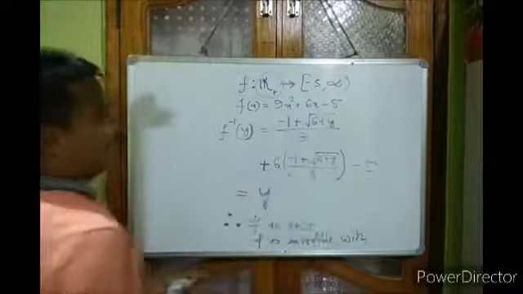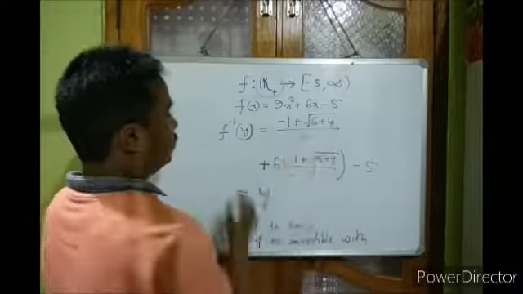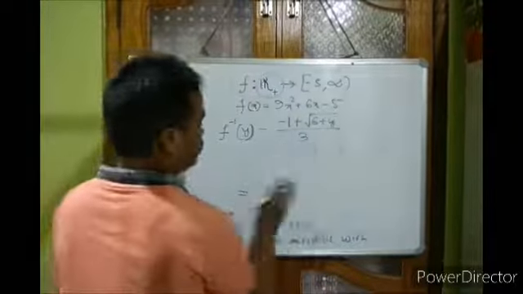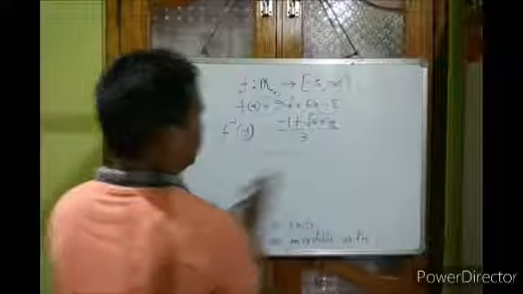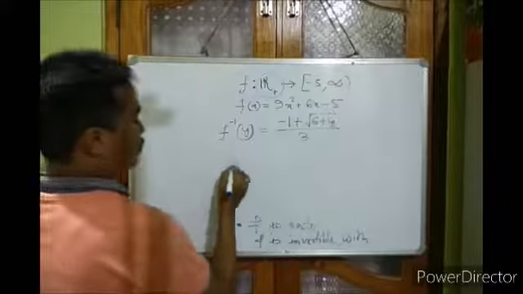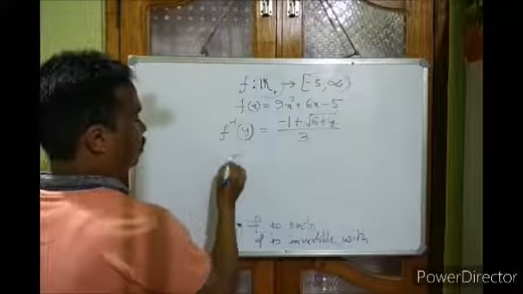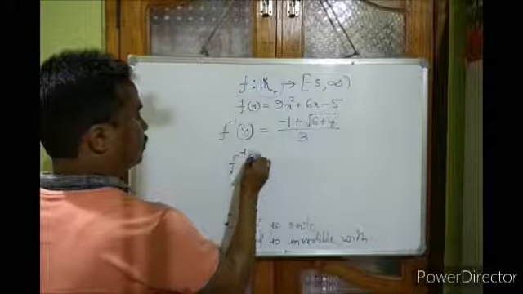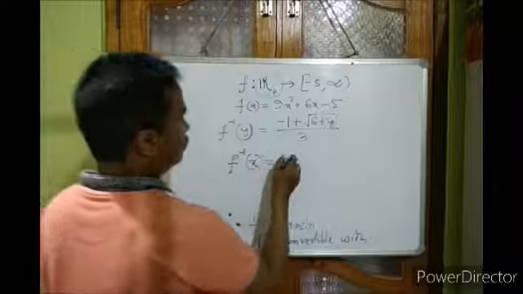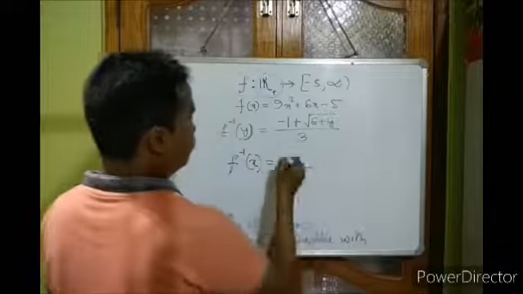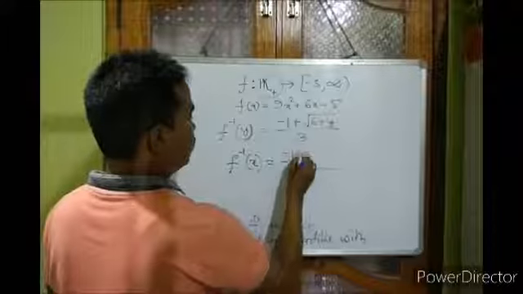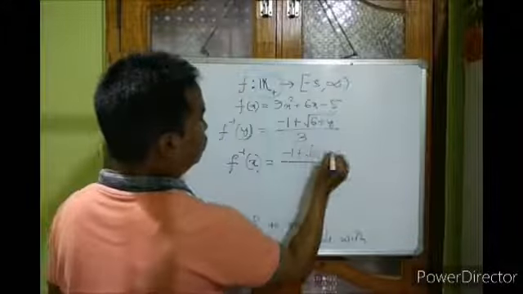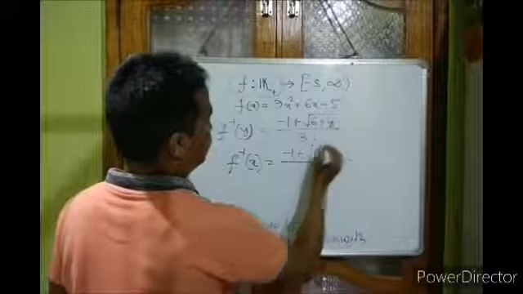So this is what f inverse y is equal to. So we can write f inverse x as f inverse x is equal to minus 1 plus root over 6 plus x, replacing y by x, divided by 3.